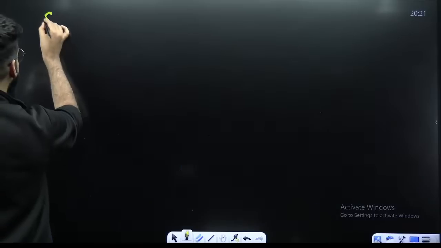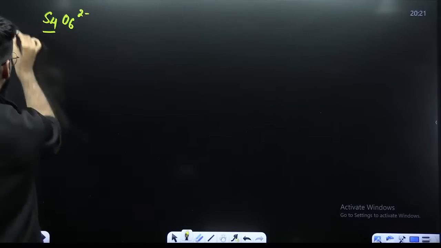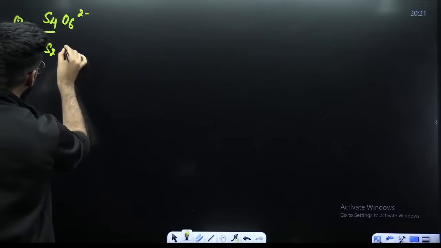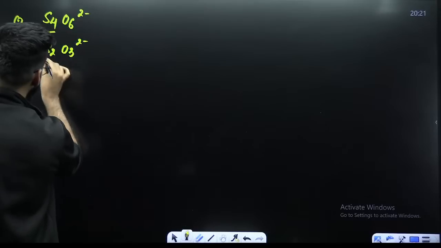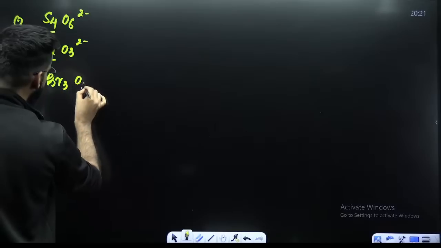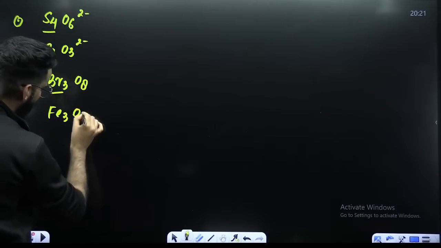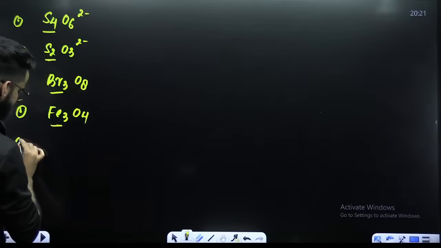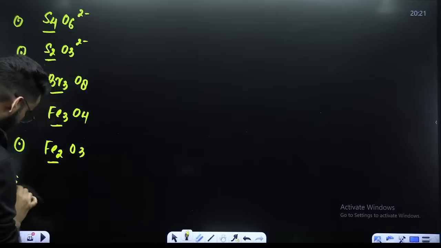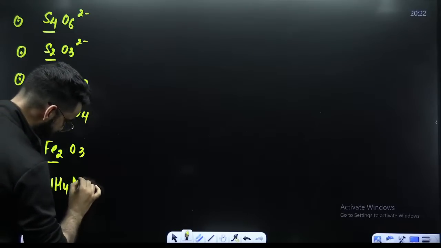For example, I'm taking S4O6 dinegative. For example, S2O3 dinegative. Let's say we have got Br3O8. Let's say we have got Fe3O4. Let's say we have got Fe2O3. For example, we have got NH4NO2.